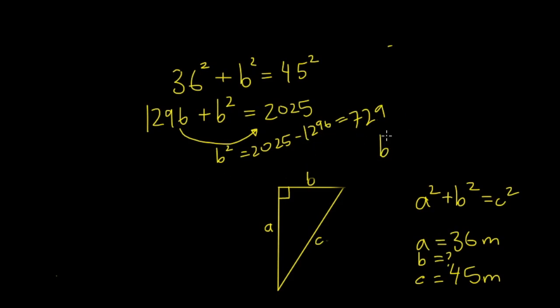Now, to isolate for b by itself, we have to take the square root of both sides. So once we do that, this squared is gone, and we're left with b is equal to the square root of 729, which is equal to 27, because 27 times 27 is equal to 729. Therefore here, if they asked us what is side b equal to, side b is equal to 27 meters.